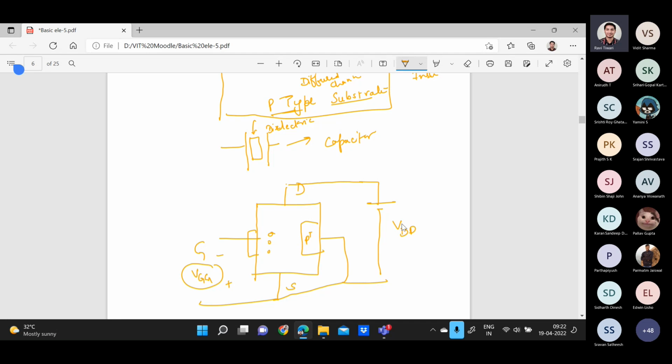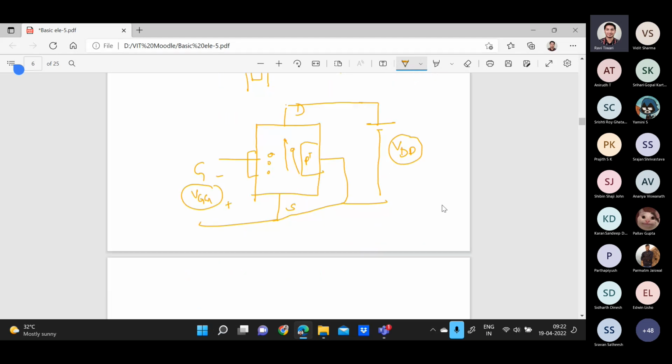Same thing: as we increase VDD, more electrons will flow from here to here and conduction will happen, right? And because of the gate to source terminal, it will increase the depletion layer and this process is almost the same. There is no difference. Only here, as you can see, the gate terminal was connected, but here the gate terminal is separate and this terminal is different.